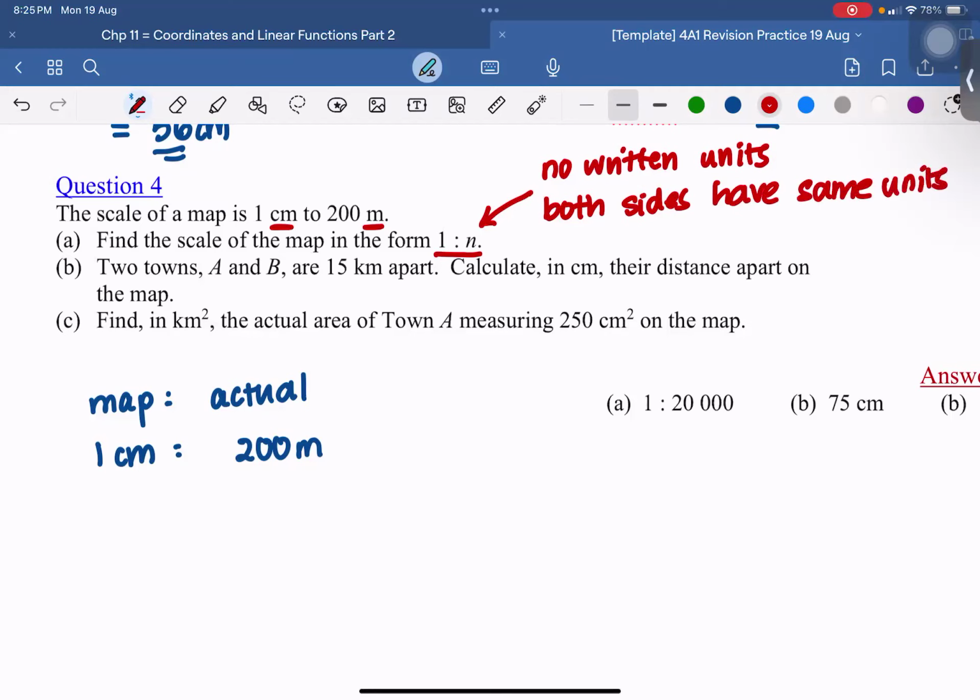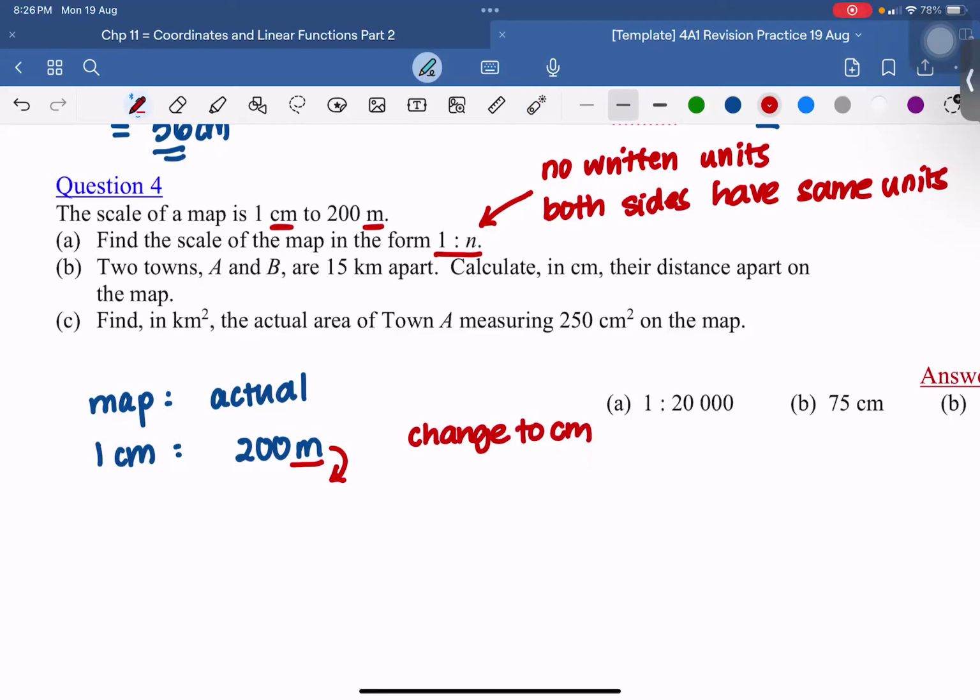So what does that mean? If this portion over here is cm, that means this side must also be cm. So what we are going to do now, we are going to change this to be the same units as cm.